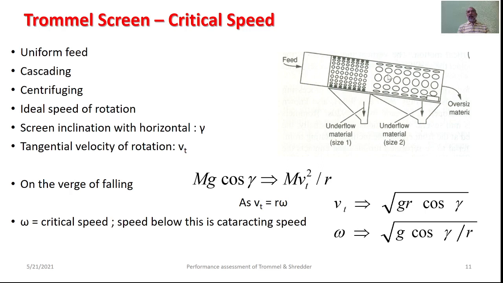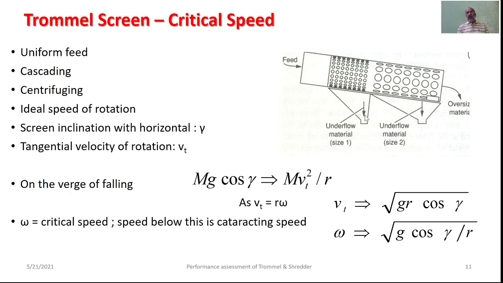Let's assume that this screen is inclined at an angle gamma with respect to the horizontal, and the tangential velocity of the rotation is expressed as Vt. As we consider a particle moving along the circumference, on the verge of falling, the centrifugal force and the force caused by gravity would be balancing each other.